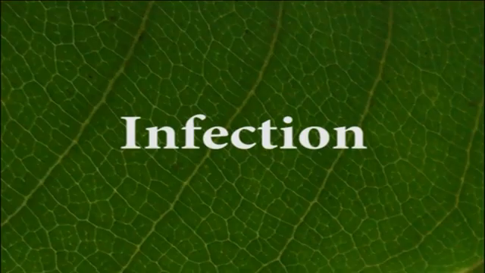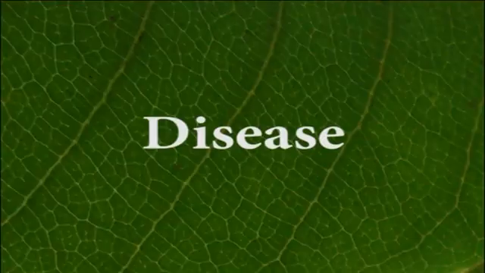Next is infection. When the pathogen invades the plant tissues and establishes a parasitic relationship between itself and the host, infection has occurred. Next is disease. When the host plant responds to the presence of a pathogen, a disease exists.